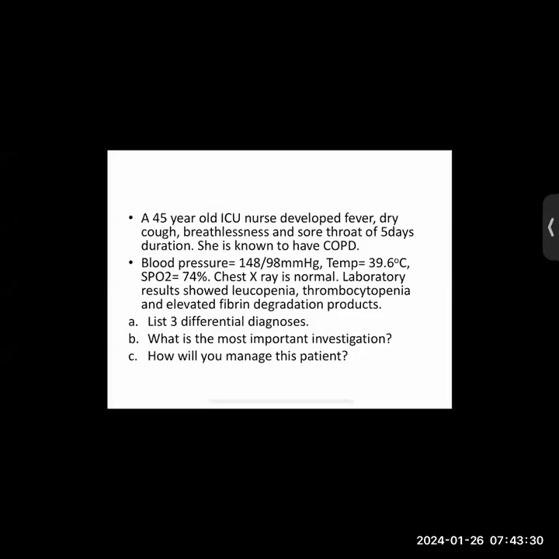She's known to have chronic obstructive pulmonary disease. The blood pressure was 148/98. Temperature was 39.6 degrees centigrade. Oxygen saturation was 74%. Chest X-ray is said to be normal. The laboratory results showed leukopenia, thrombocytopenia, and elevated fibrin degradation products. The first question is list 3 differential diagnoses. The second is what is the most important investigation? Then third, how will you manage this patient?